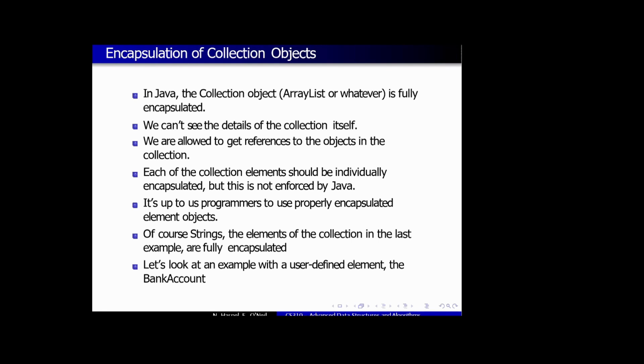But we're going to strive to use properly encapsulated objects for elements or for other things as well. And of course, so far we've just been looking at strings, which of course are beautifully encapsulated and implemented for us. Okay, so let's look at a little bit more ambitious example where we have bank accounts, which are a user-defined element.